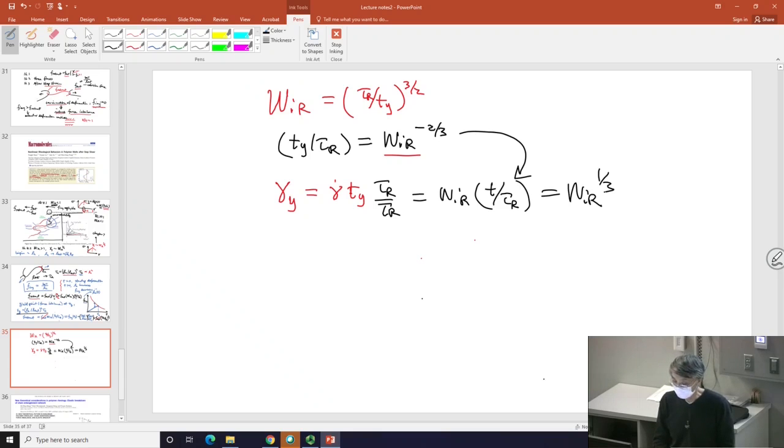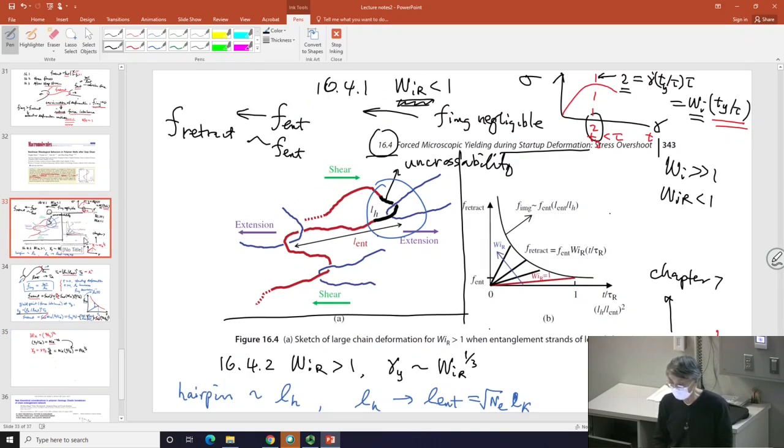So this is not a theory, but this represents certain concept. And the concept is in the uncrossability and how you treat the effect of uncrossability. And the way we treat it is this uncrossability produces a gripping force.